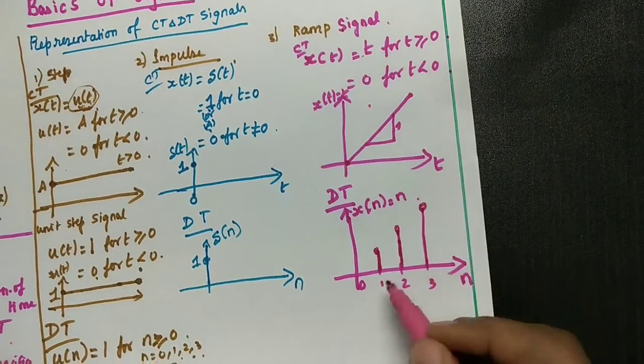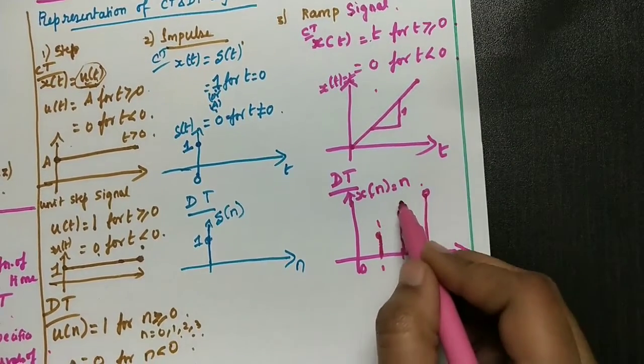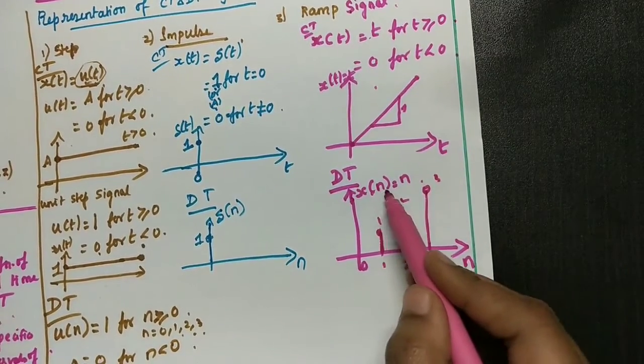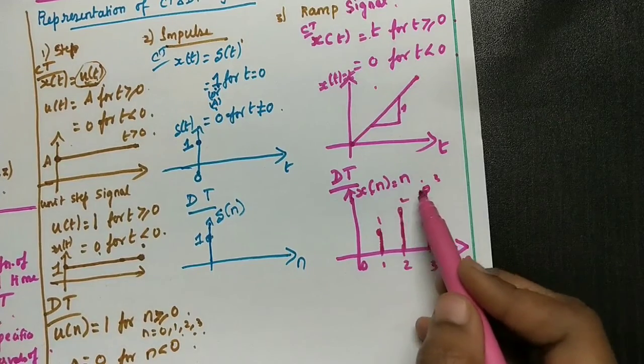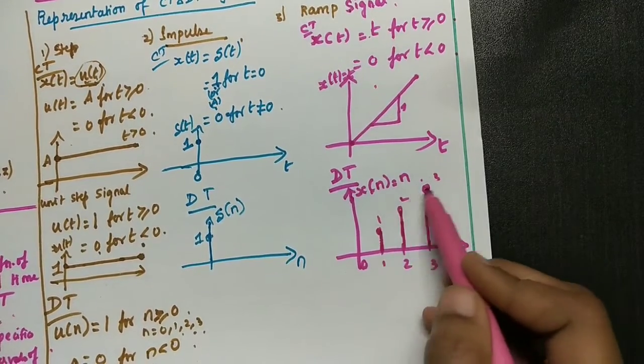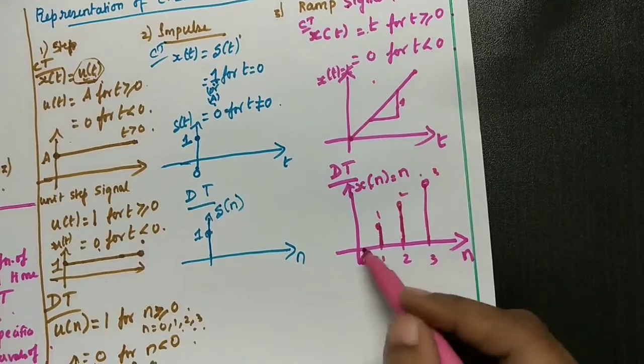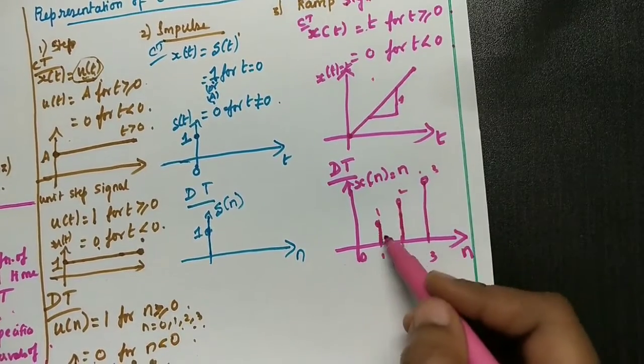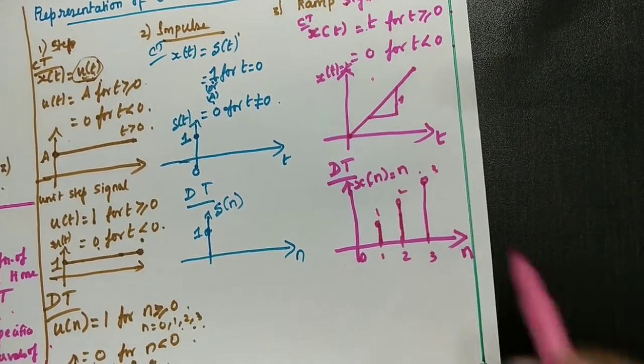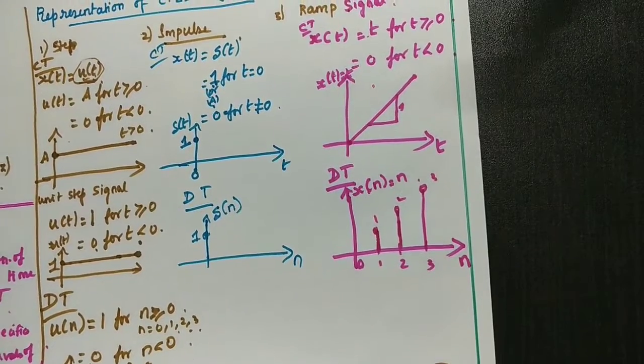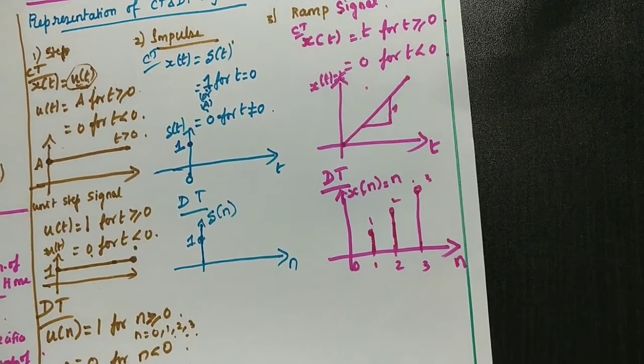So x of 0 equal to 0, x of 1 equal to 1, x of 2 equal to 2, x of 3 equal to 3, like that. So the amplitudes will be represented for the ramp signal like this. So this is the third representation.